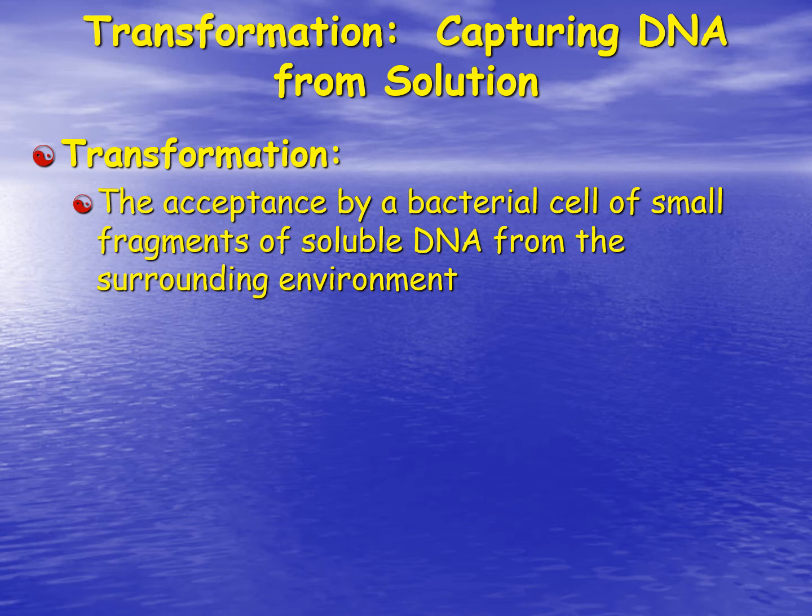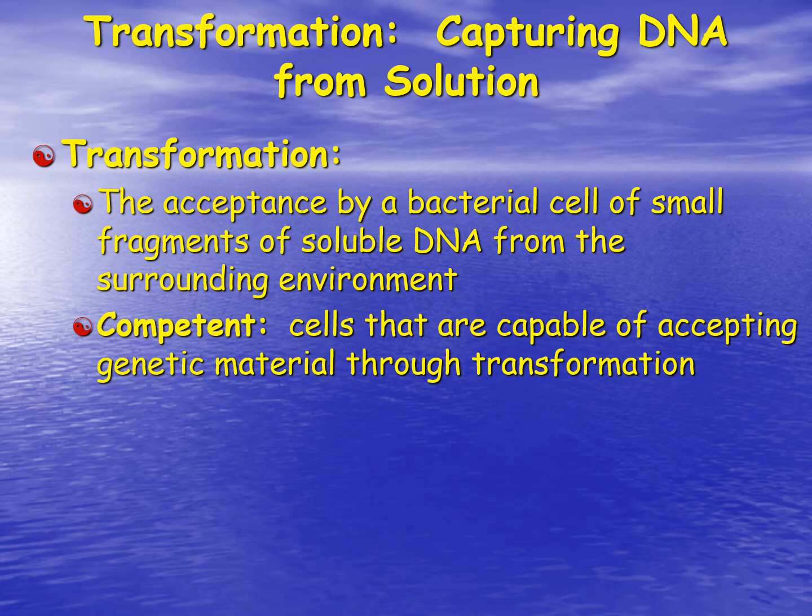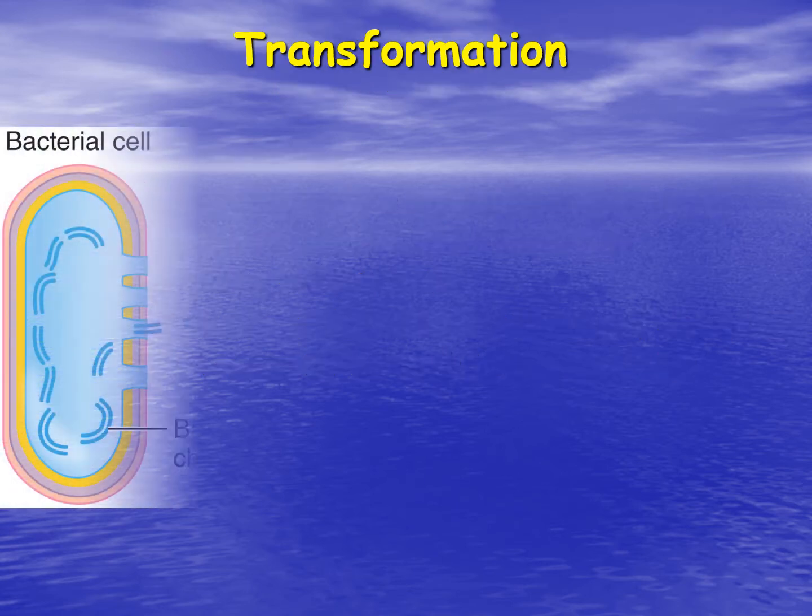And the cell that is being transformed is under some sort of stress and in threat of not being able to survive, and so it's looking for anything out there that might help it survive. The cell that takes up the soluble DNA has to be made competent so that it's capable of accepting the genetic material through the cell wall and cell membrane.